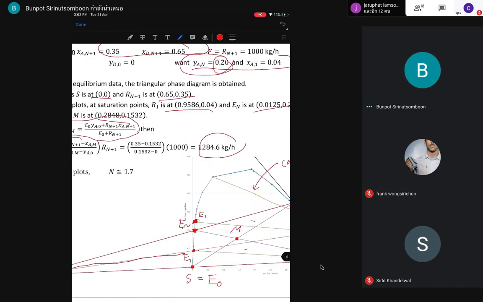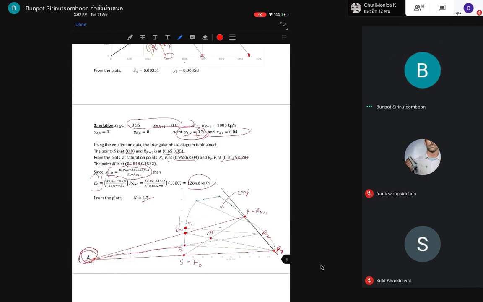I got 1.7 because En is just below E2, higher than E1 but almost at E2. So this is how I find the number of stages using this graphical technique.